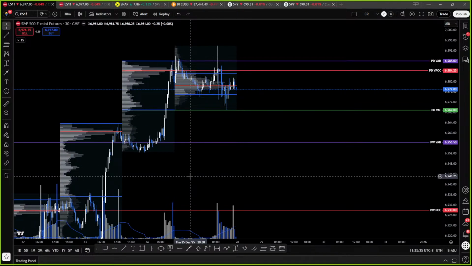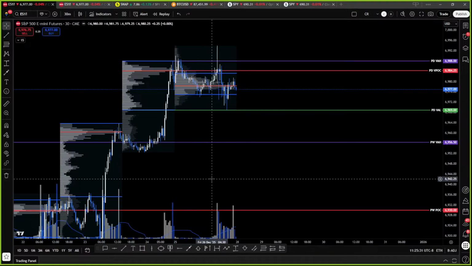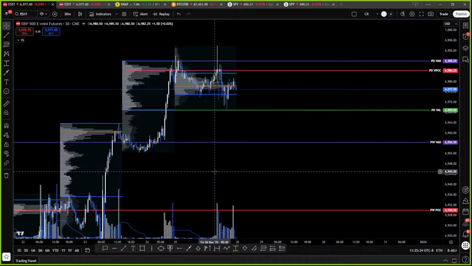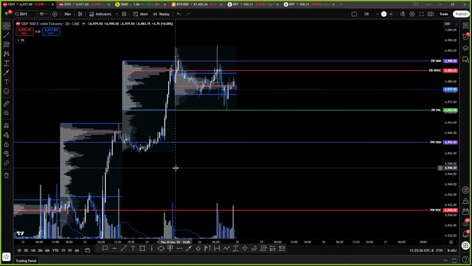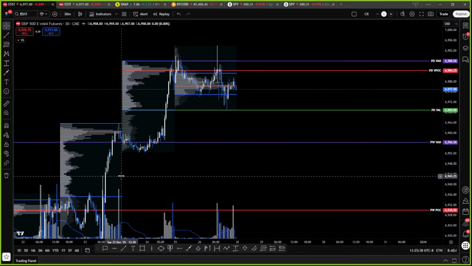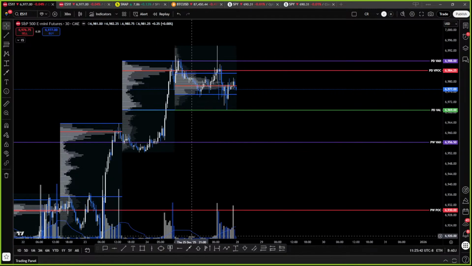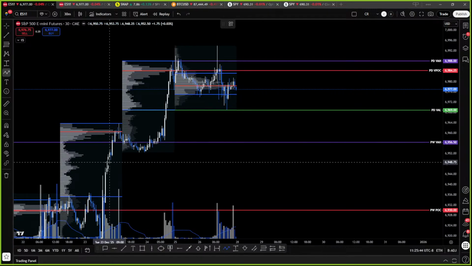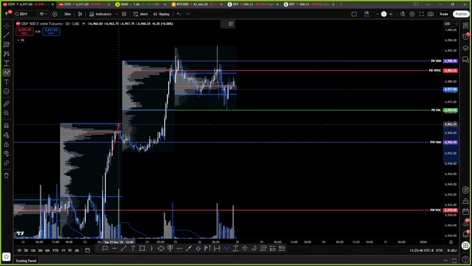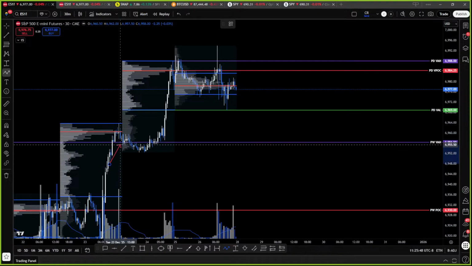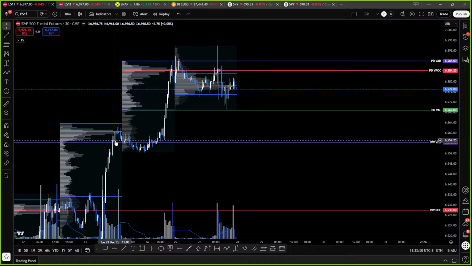Before you get into order flow, you should be really comfortable trading off of volume profile. If you watch my videos, or if you watch what Shorty says, I'll just use this right here as an example. Previous week value area high. We broke above, right? We got 3 5-minute candles or more above.